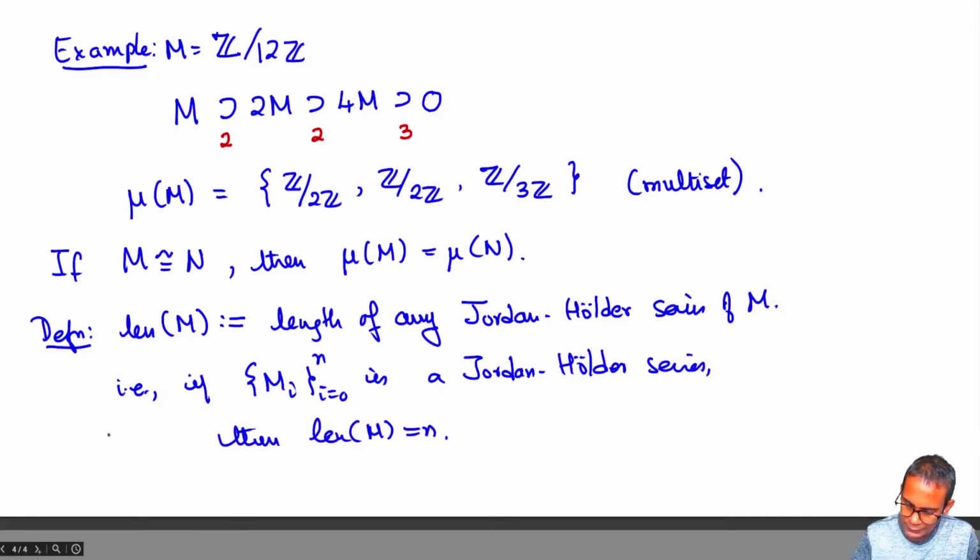So what we have in this example is that the length of Z mod 12Z is equal to 3.